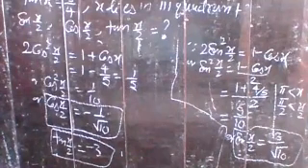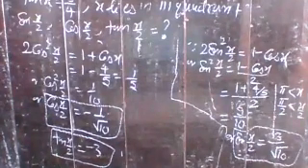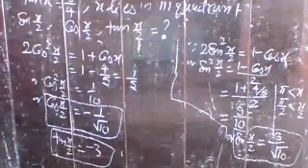So what does it mean? You have to know in which quadrants sine is positive. In the first quadrant and in the second quadrant sine is positive. So it is understood that sine x is equal to 1 by 4 and x is lying in the second quadrant.